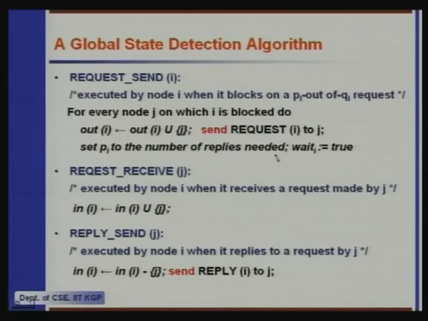It knows how many of those resources are needed before it can proceed. So that value is set to be pi, and we set wait i equal to true. All this is done if the process blocks on a pi out of qi request.